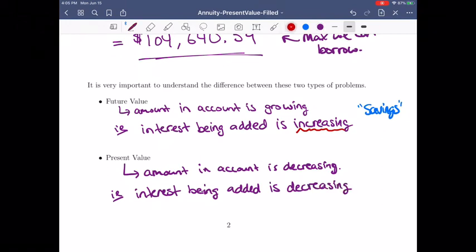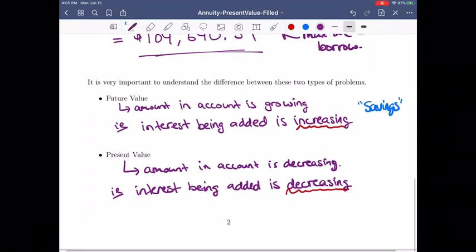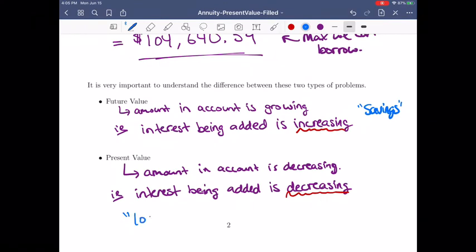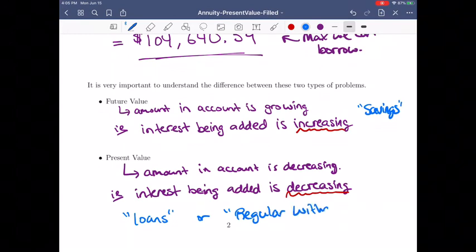The amount of interest they add each time is slightly less. So for these ones, you want to think of loans or regular withdrawals. Those are the most common. So you either borrow an amount and you're paying it back, or you deposit a large sum and then you want to withdraw from it periodically. But in both cases, you're aiming at the end of the T years to be at $0. So at the end, you get to $0. That's the idea.